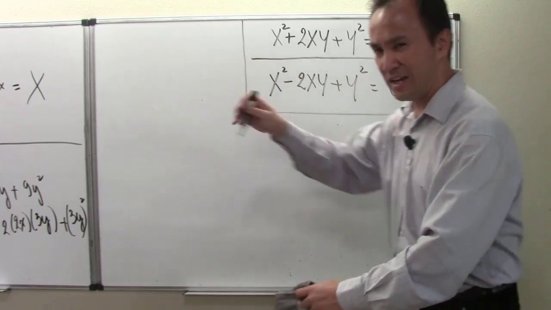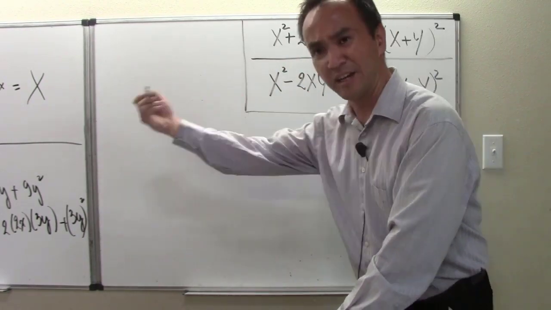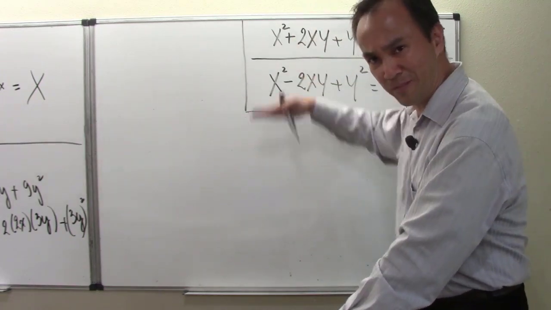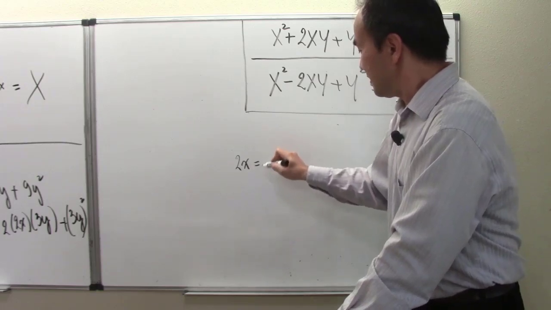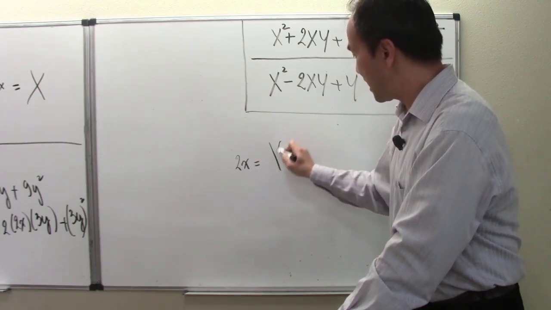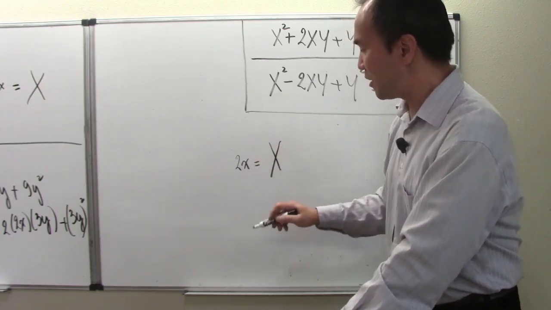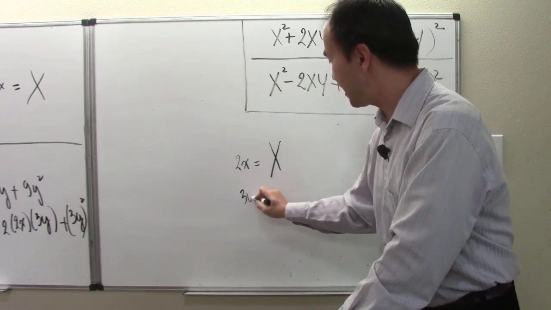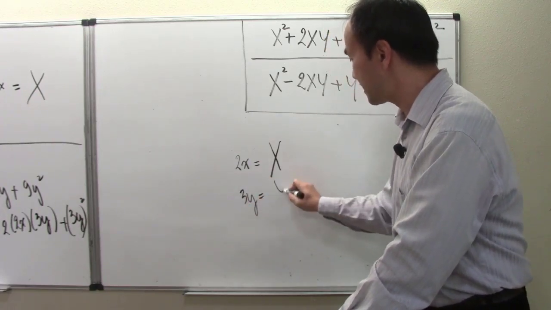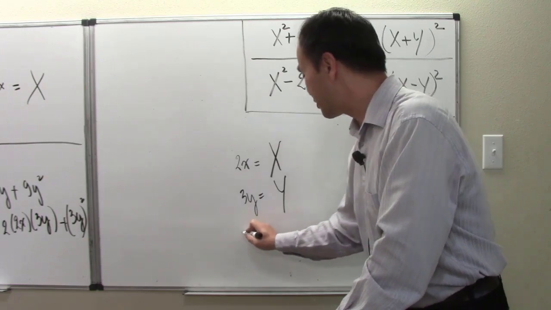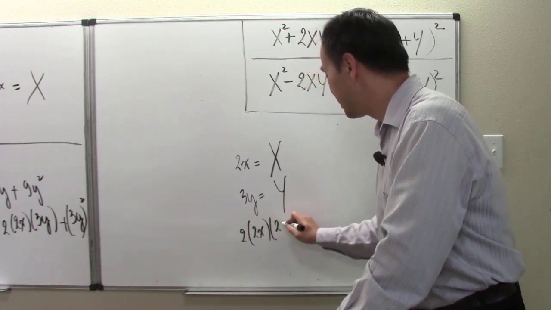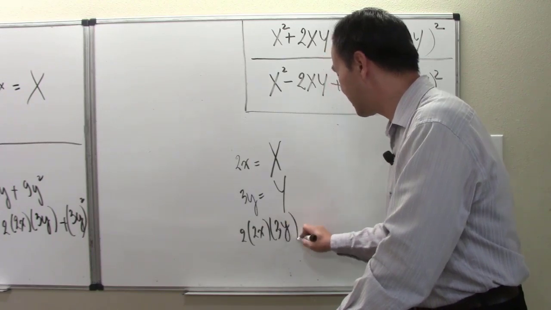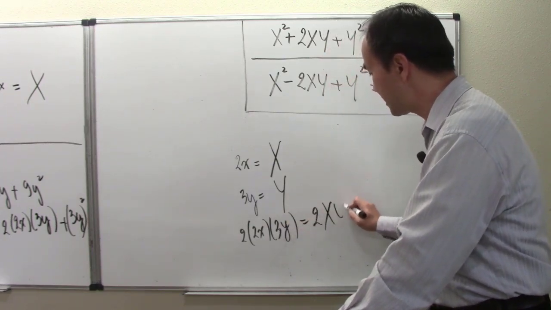So in our particular problem, the 2x can be substituted by the capital X, and the 3y can be thought of as in place of the capital Y. And then 2 times 2x times 3y is exactly 2 capital X, capital Y.